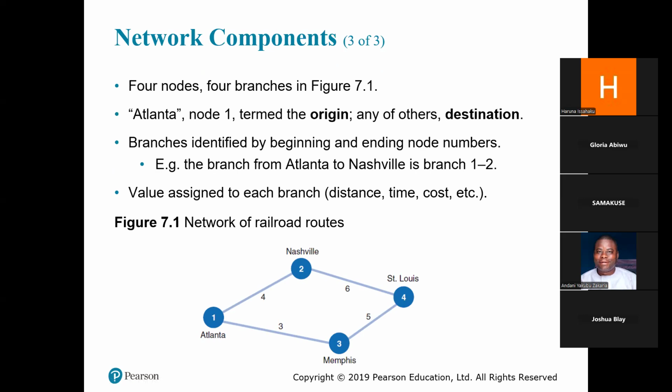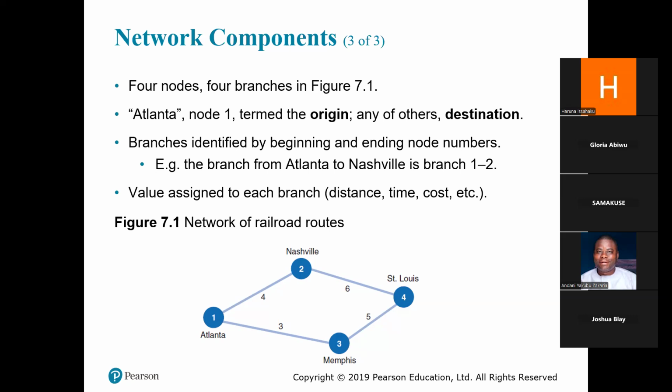Now, 4 nodes are seen in, for instance, figure 7.1. You see that there are 4 nodes there: node 1, node 2, node 3, and then node 4. Here, we see that Atlanta is node 1, and node 1, under this example, is the origin.